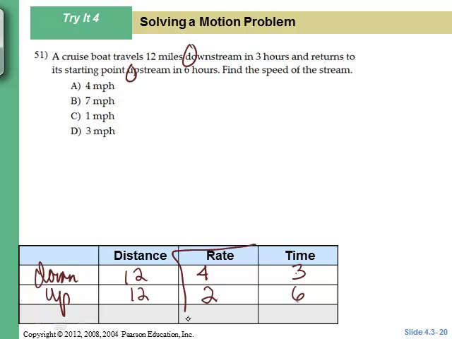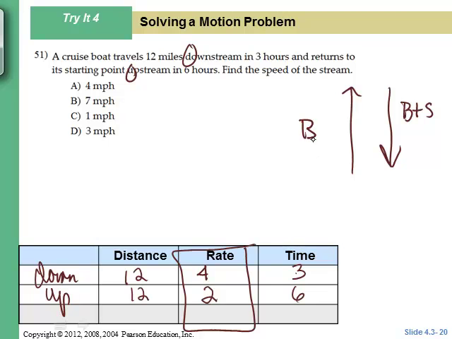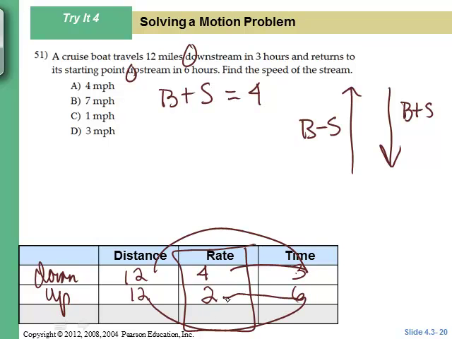Now, really, we only need the equation that comes from this, and that is, if you're going downstream, you take the boat plus the stream. If you're going upstream, you take the boat minus the stream. So downstream, B plus S is 4. 12 divided by 3 is 4. 12 divided by 6 is 2.